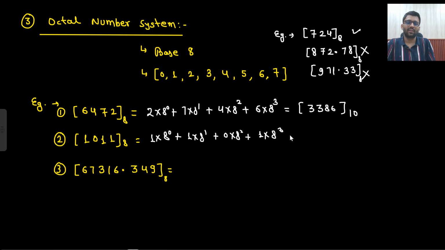Okay. Here 512 plus 9, 521. This would be 512 plus 9.